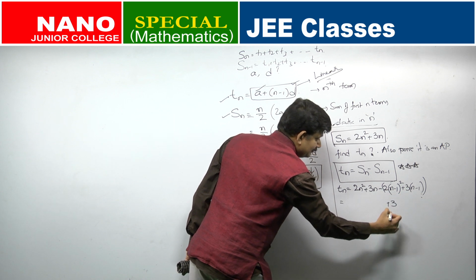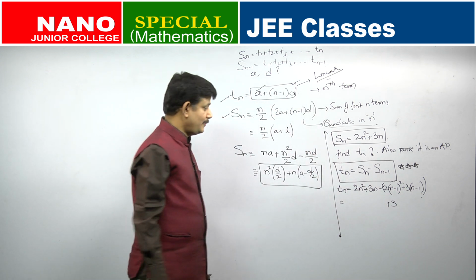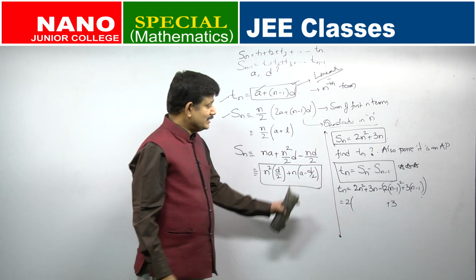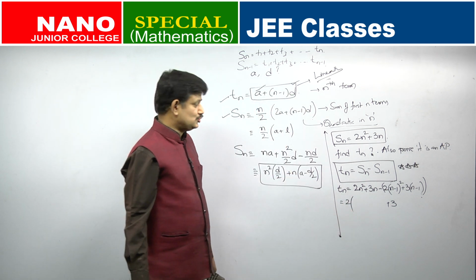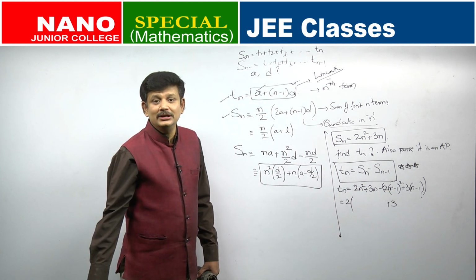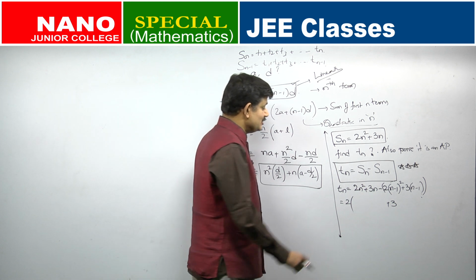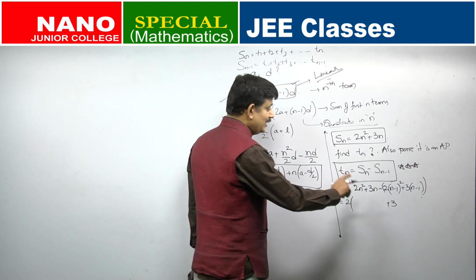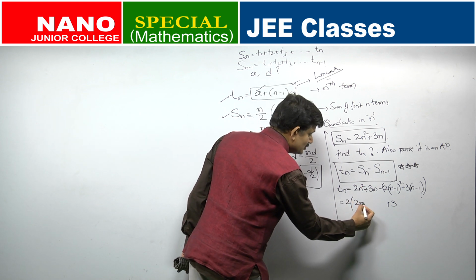3 plus 3. Okay. Then you have 2 into n square minus n minus 1 whole square, which is in the form of a square minus b square. What will it be? a minus b into a plus b: n minus n minus 1 is 1, and n plus n minus 1 is 2n minus 1.